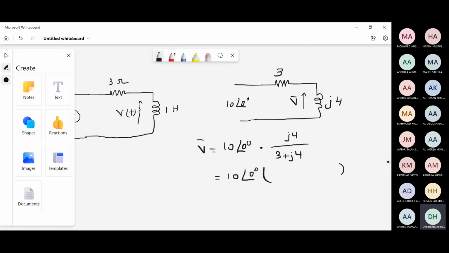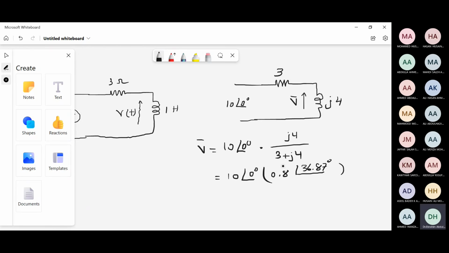So 4 divided by 5 is 0.8, angle: the angle of 3 plus j4 is equal to 53, and this is 90. So 90 minus 53 is 36.87.